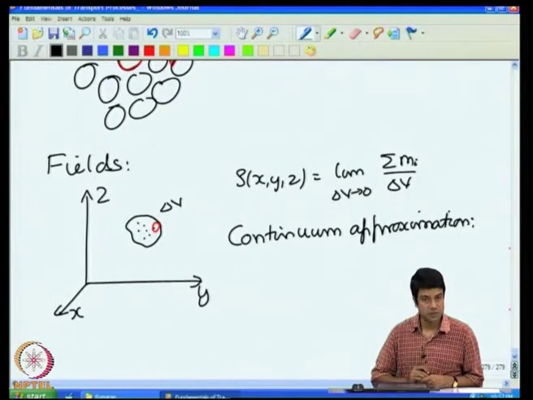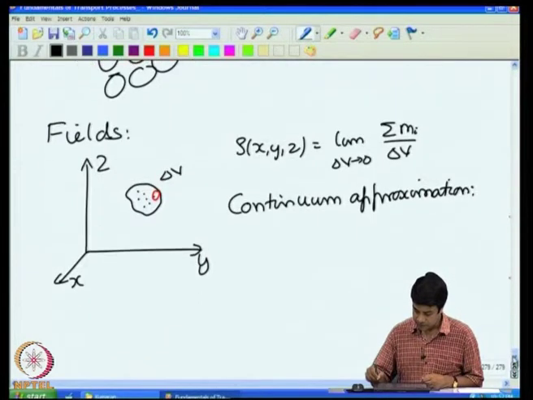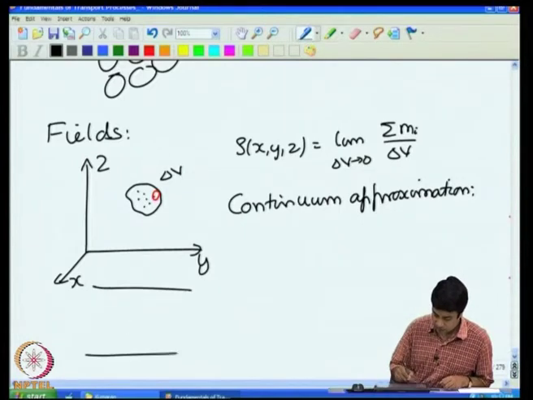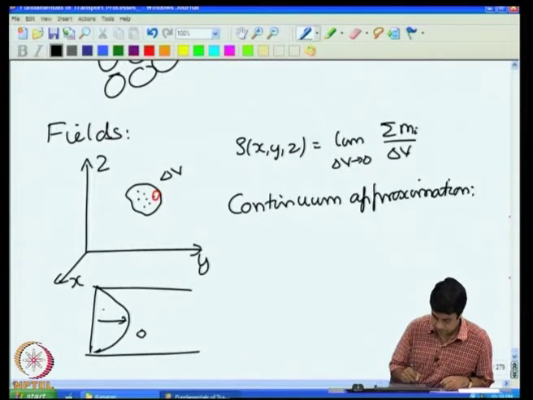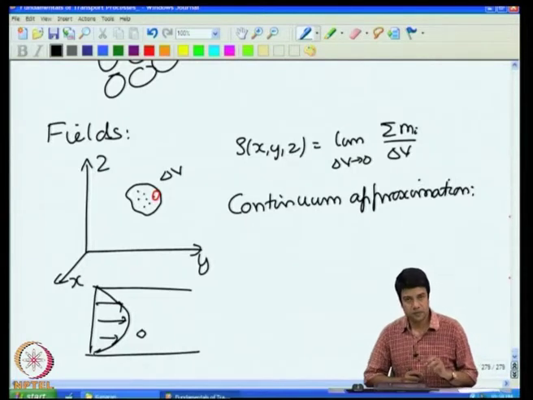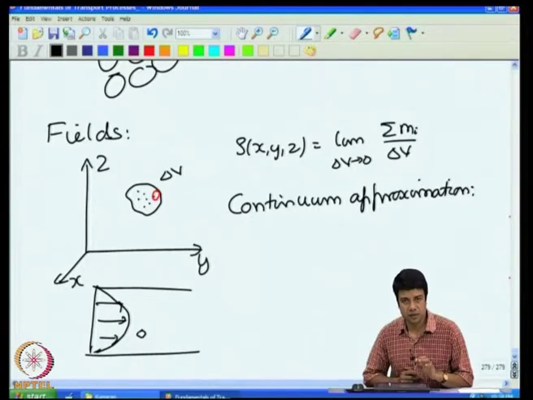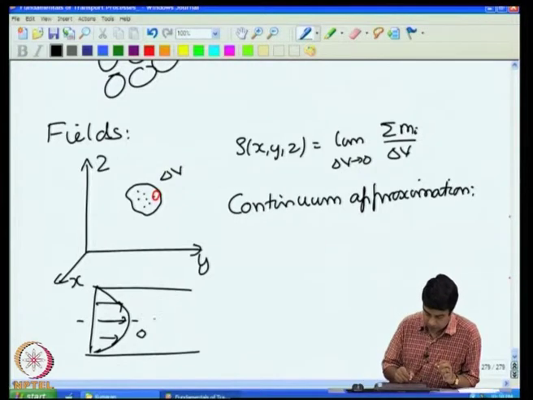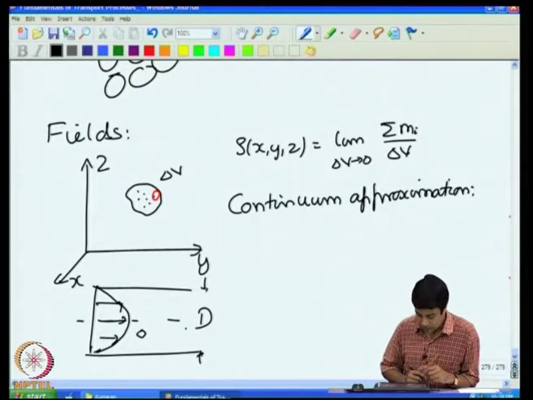This volume has to be large compared to the molecular size, but of course, this volume has to be small compared to the macroscopic scale. So, for example, if I am considering the flow in a pipe, the differential volume that I consider has to be small compared to the radius or the diameter of the pipe, because if it is not small compared to the diameter of the pipe, I cannot write down a unique value for the velocity there.